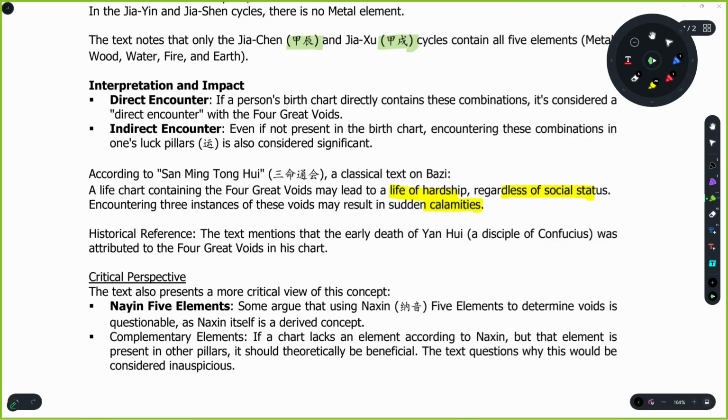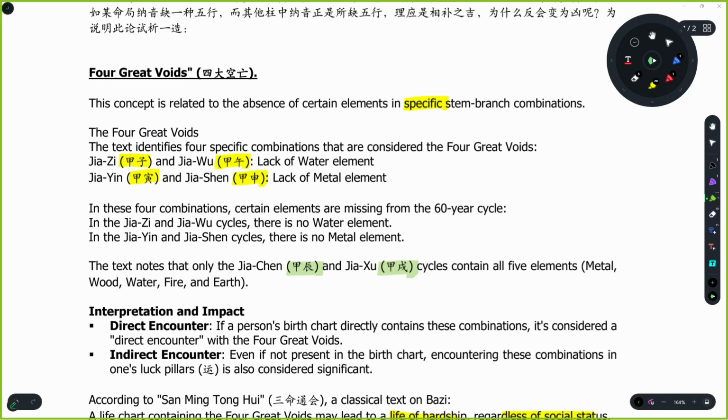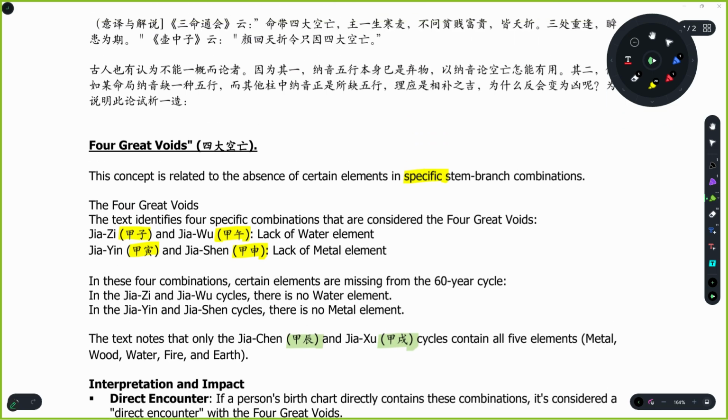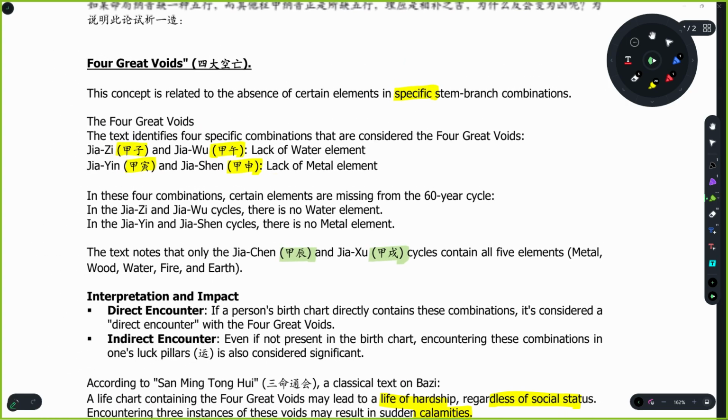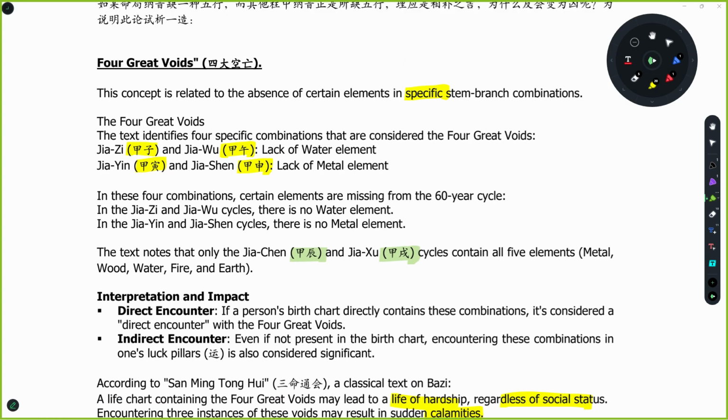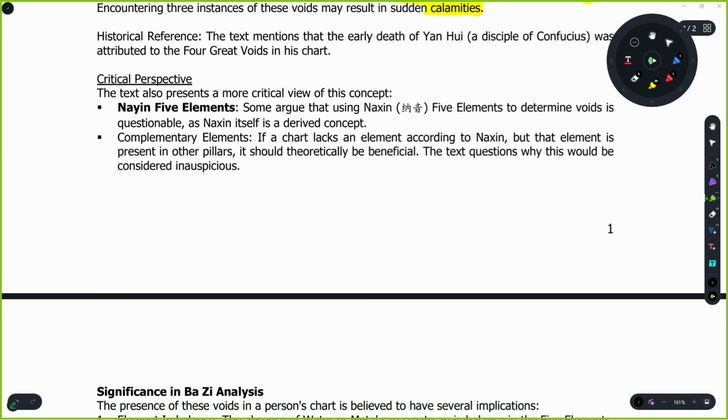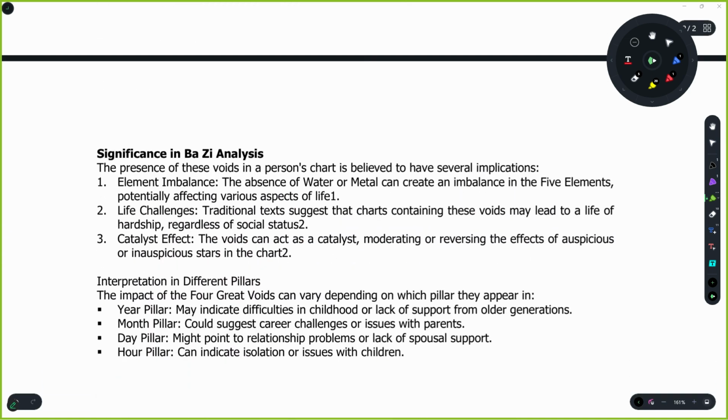I would say once again, we try not to burden our mind with so many formulas and so many things. It's not easy for one to remember. But of course, now luckily we do have software. And so as we look into the significance, at the end of the day, all these things can just be summarized into missing elements.